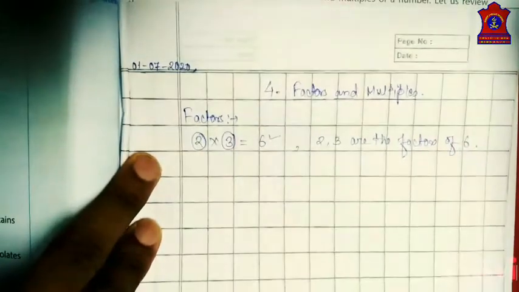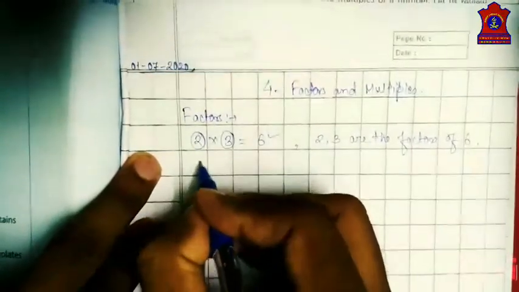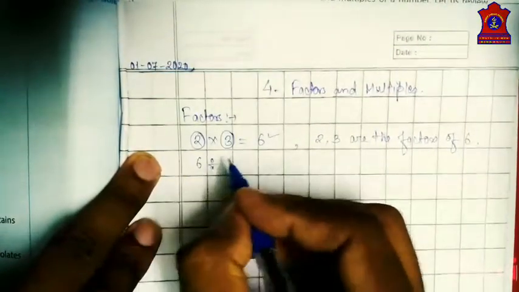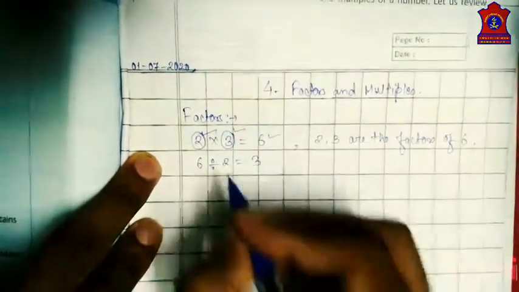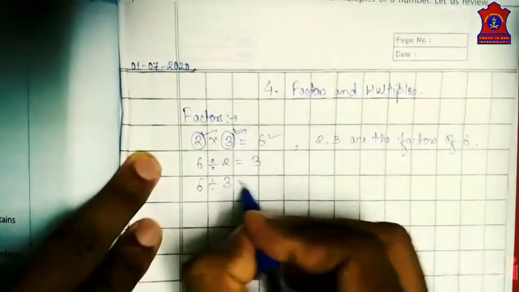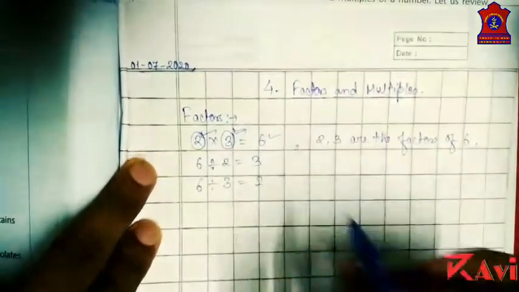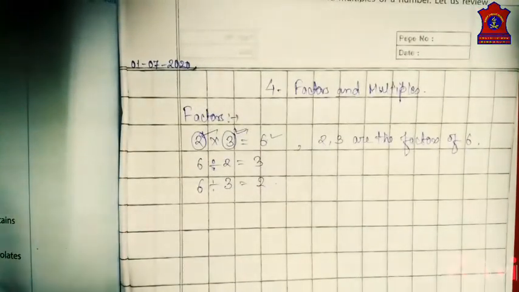This can be easily explained: 6 divided by 2 equals 3. Similarly, 6 divided by 3 equals 2. Therefore, a factor of a number is the exact divisor of that number. So factor is clear here.